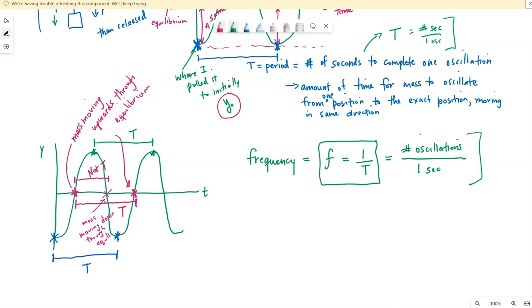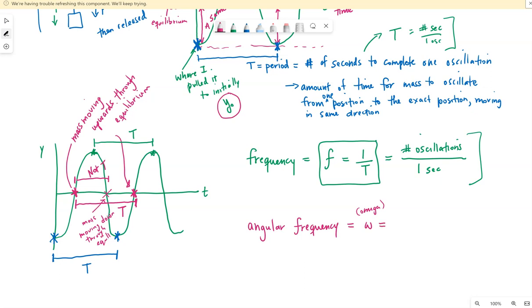One other term that we're going to see is called angular frequency. We use omega, the Greek letter omega, to represent this. We used omega to represent angular speed last semester when we talked about circular motion.